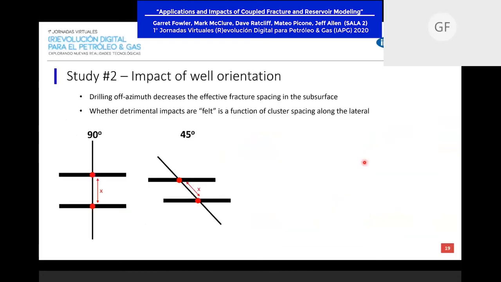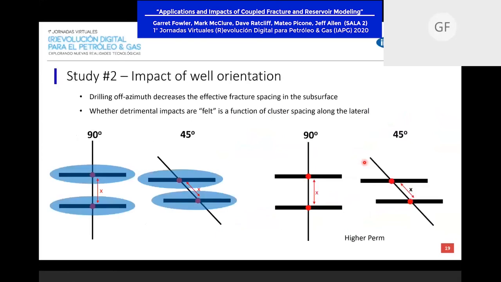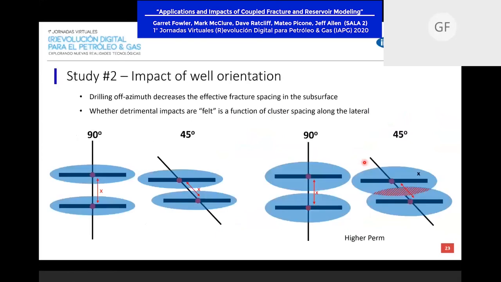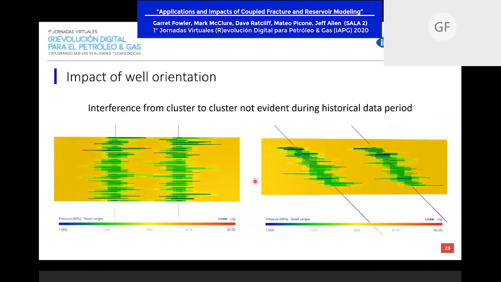So we have a second case study here showing the impact of azimuth, which is also a function of permeability, whether or not these clusters are going to interfere, and then being able to replicate that in a data set, which we did with the direct measurements and looking at why or why not. You are seeing evidence of interference and the change in azimuth when they change drilling directions here.